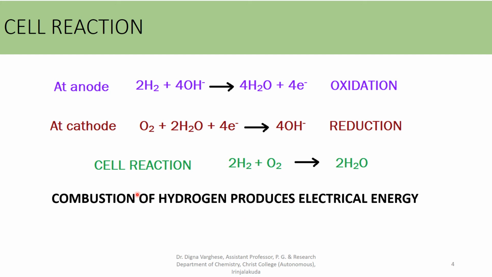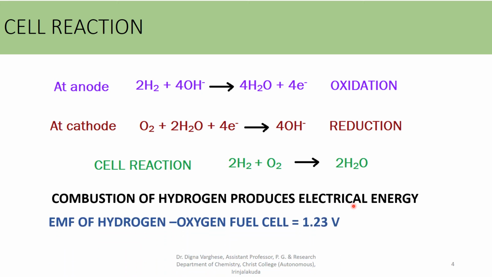That means combustion of hydrogen produces electrical energy. The EMF of the hydrogen oxygen fuel cell is about 1.23 volts. The cell works continuously and produces electrical energy if the reactants, hydrogen and oxygen, are supplied continuously.